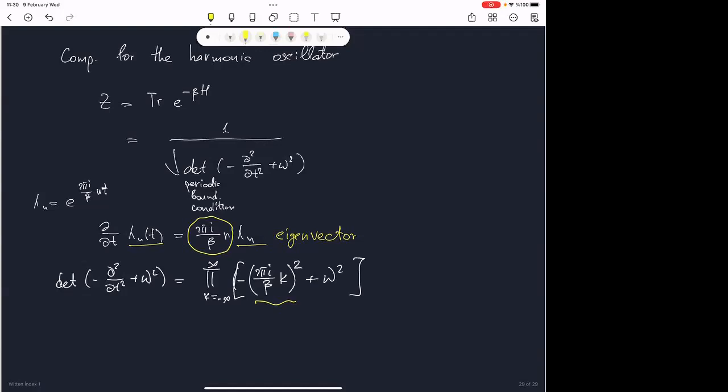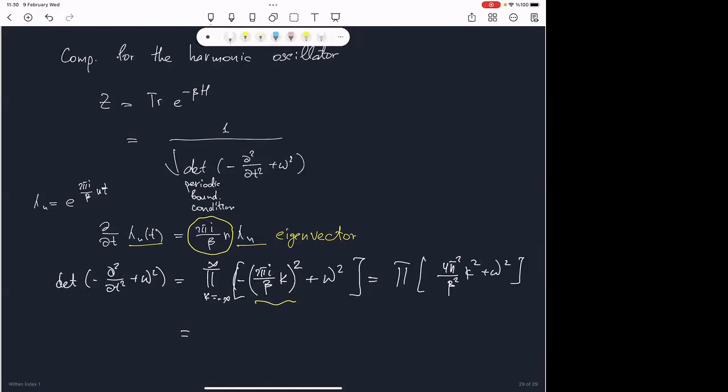Maybe I can show you just a few steps. Let me write it this way: if you take the square, i squared with the minus gives just plus, and then you have 4 pi squared over beta squared k squared plus omega squared.